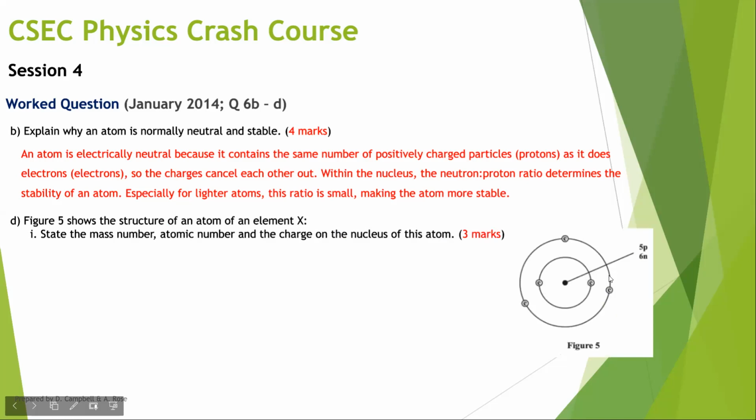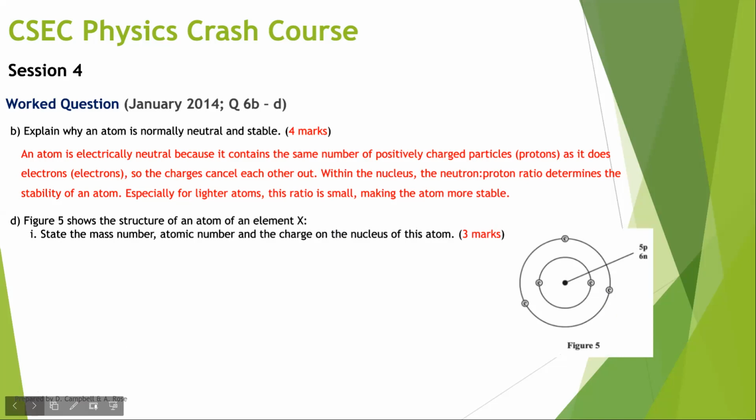You're asked to state the mass number and the charge on the nucleus of the atom. If you look at the diagram, there are 6 neutrons, and we can see there are also 5 protons.